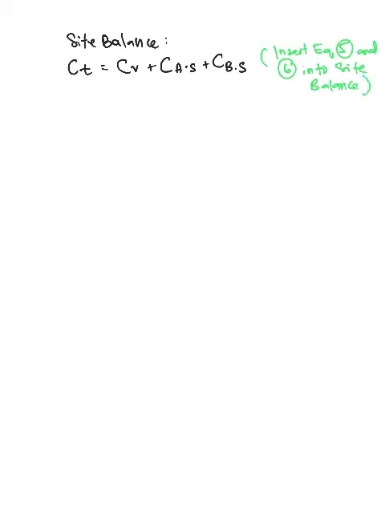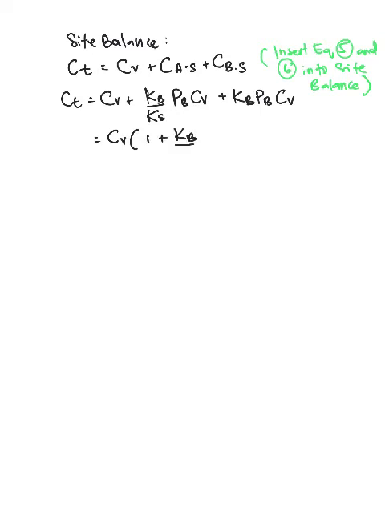So Ct equal to Cv plus Kb per Ks Pb Cv plus Kb Pb Cv. Then simplify the equation: Cv times 1 plus Kb per Ks Pb plus Kb Pb. Then rearrange for Cv.